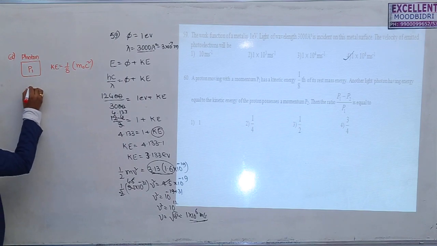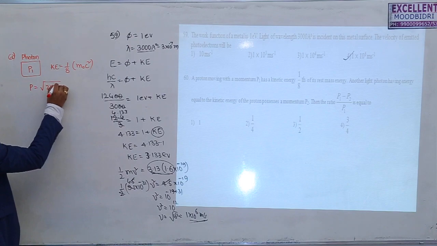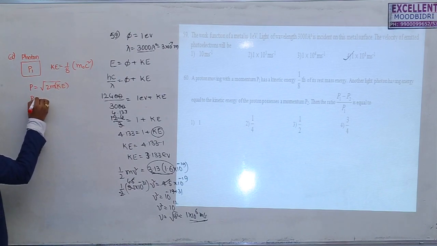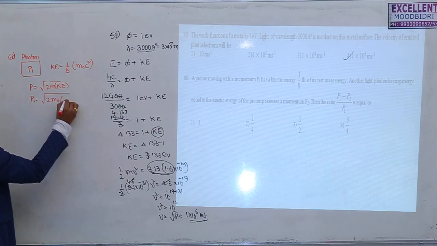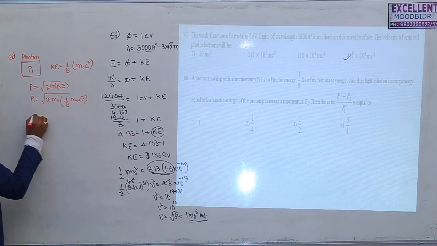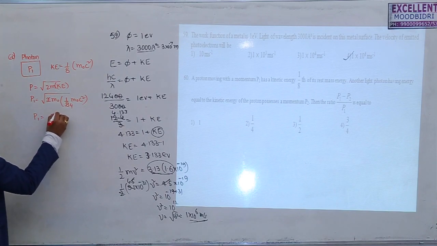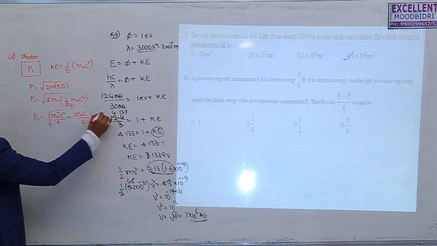So momentum is given by, we know that P is equal to root over 2m Ke. So P1 is given by root over 2 m0 times kinetic energy 1 by 8 m0 c square. This will become P1 is equal to 1s and 2 4s, m0 square c square by 4 under root, which is equal to m0 c by 2.